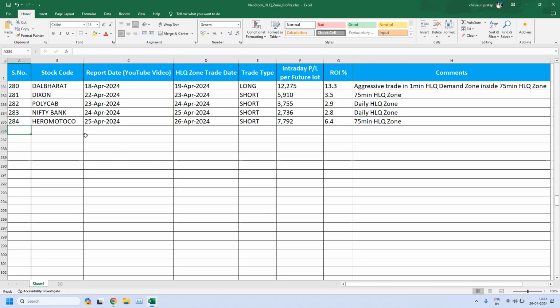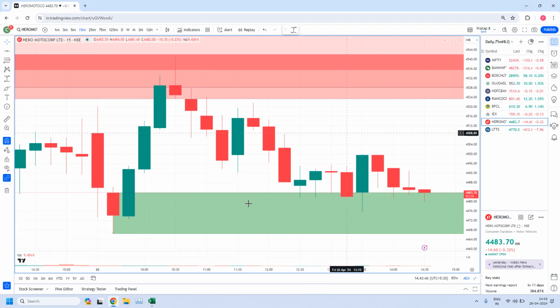Hero Motors has given 7,792 rupees profit, which is 6.4% ROI as per one futures margin cost. So 6.4 means it is above our average ROI of 6%. That's why I'm saying this is an excellent trade. We achieved our average intraday ROI in this trade.